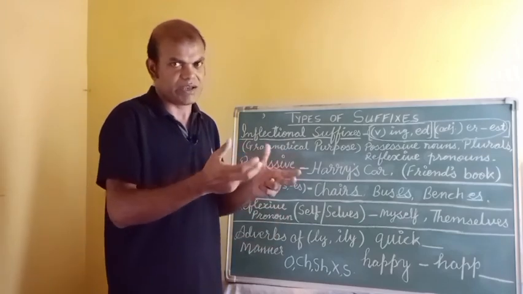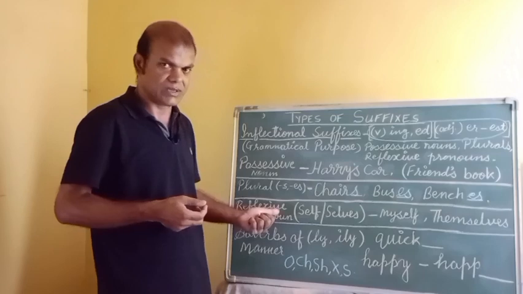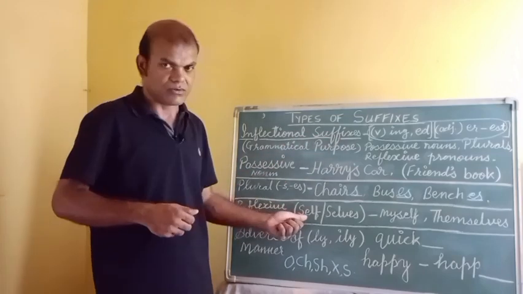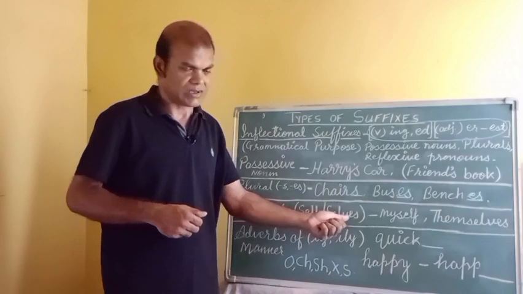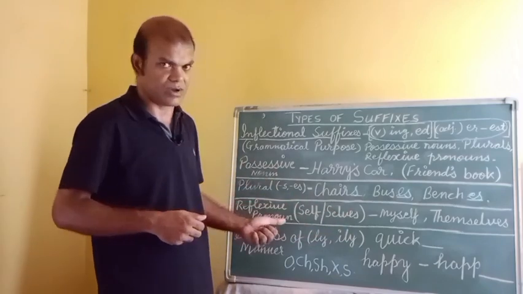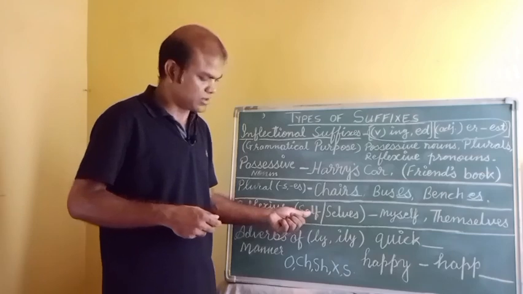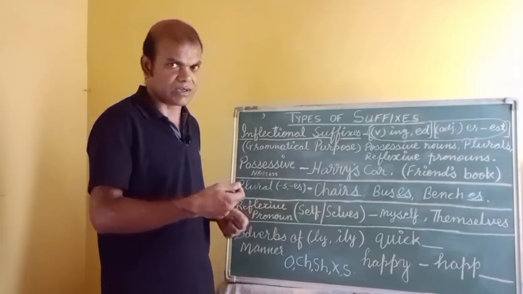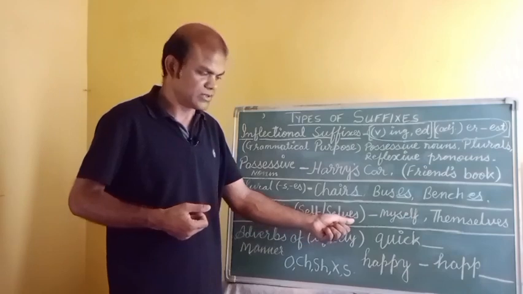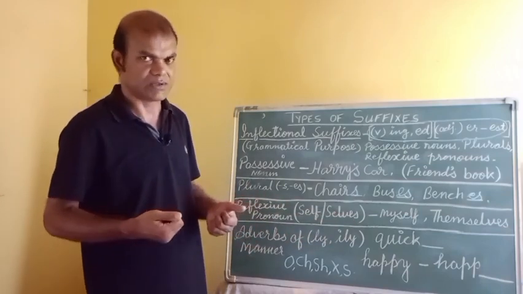Now to change any pronoun into reflexive, we use these suffixes. You will know in the example. Now self and selves, there are two suffixes we use in reflexive pronouns. Self, we use this suffix in a singular reflexive pronoun, and we use selves in the plural reflexive pronoun.